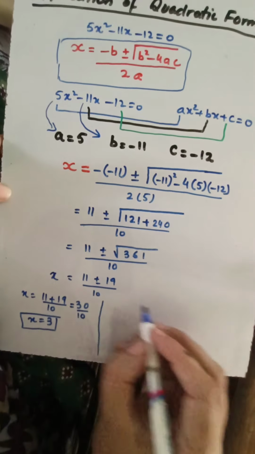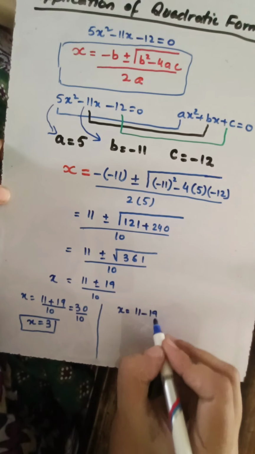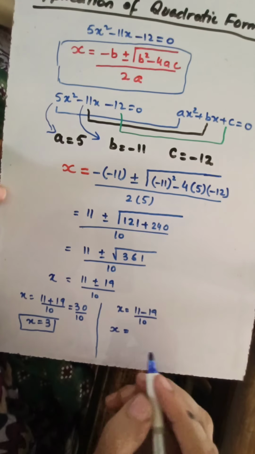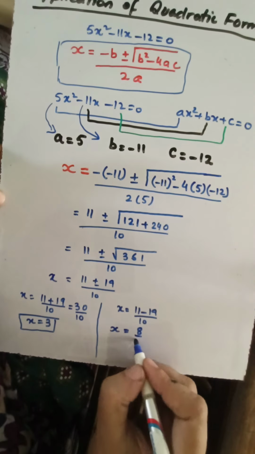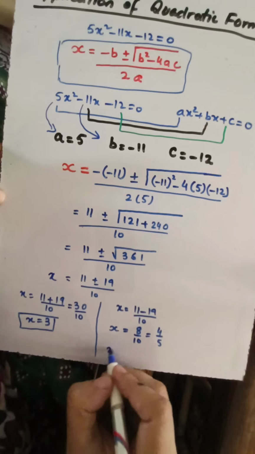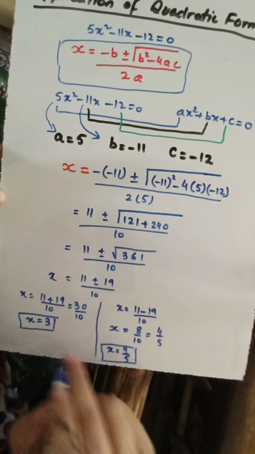And then I'm going to take 11 minus 19 over 10. So x will be, 19 minus 11 will be 8, 8 by 10, which will be 4 over 5. So the value of x will be 4 over 5. These are the two values.